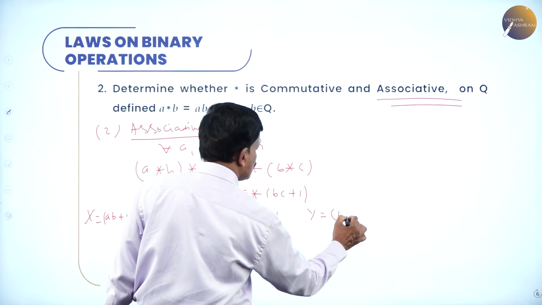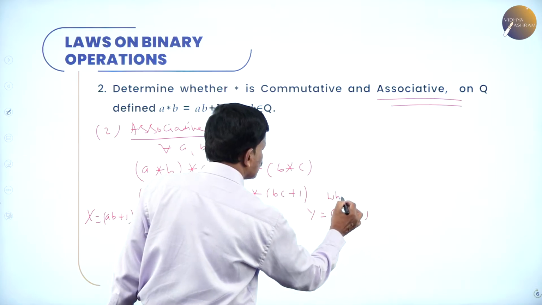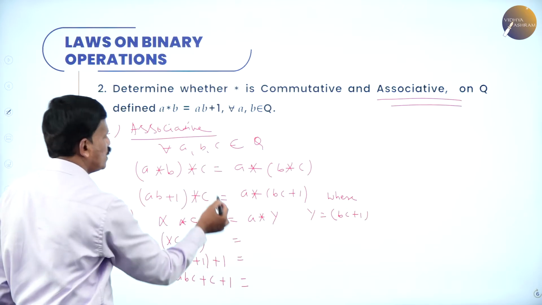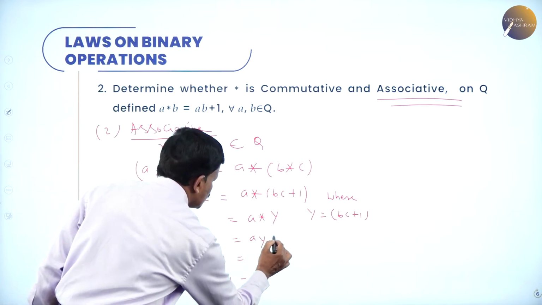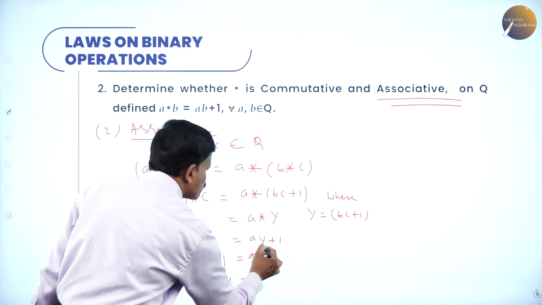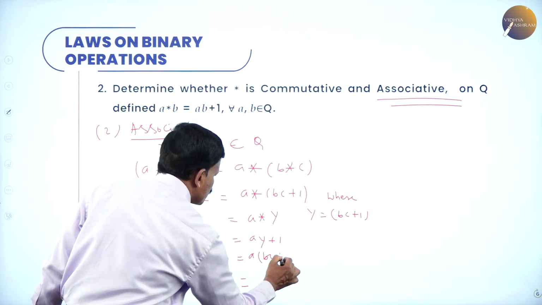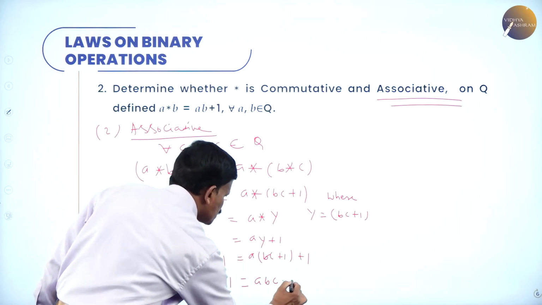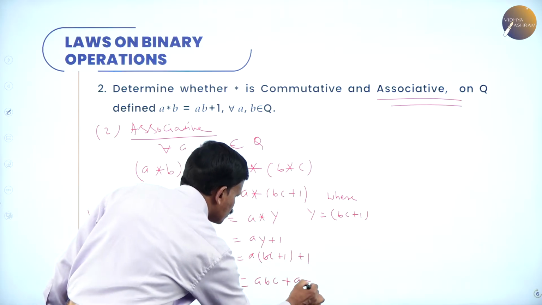Y is equal to BC plus 1. Now, A star Y, if A star B is equal to AB plus 1, this can be written as AY plus 1. A into, substitute the value of Y, BC plus 1. A into B into C is ABC, plus A into 1 is A, plus 1.